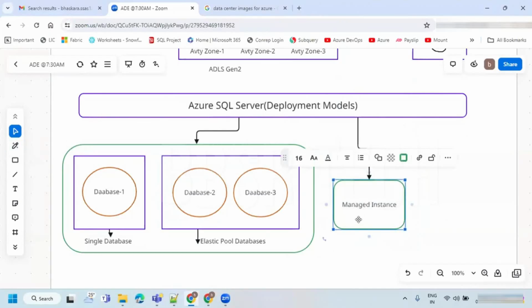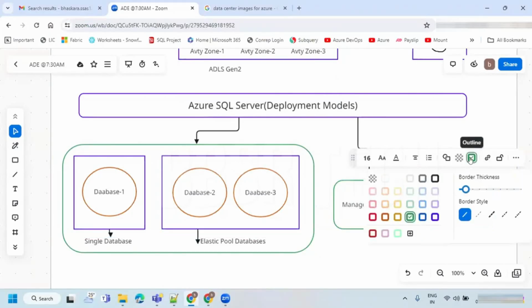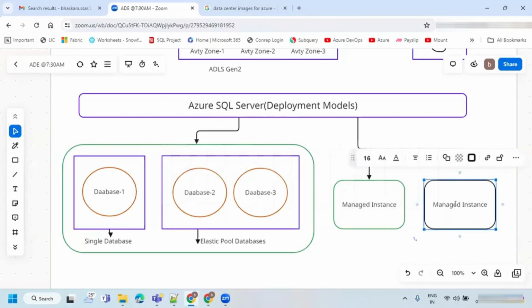And there is one more type of deployment model, but that is the IaaS platform. So I'm just going to take a different color for this. Let's take black. So this is SQL Server in virtual machine.